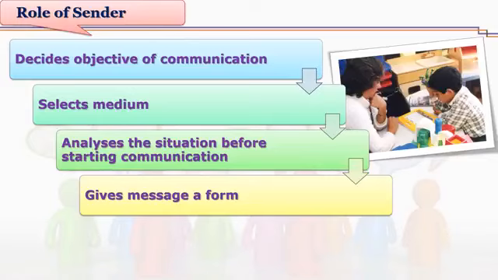The form can be verbal or non-verbal. In non-verbal, there may be many forms such as body language, gestures, pictures, illustrations, photographs, videos. Selecting the proper medium and giving the appropriate form is the teacher's responsibility as a sender.